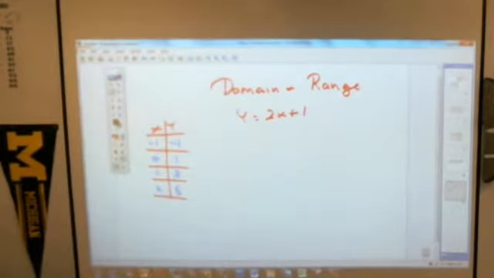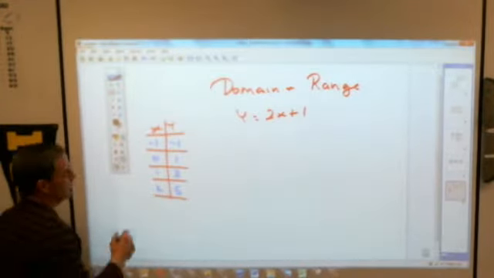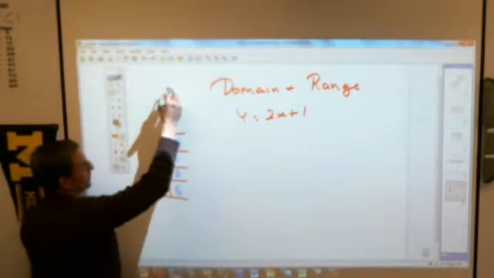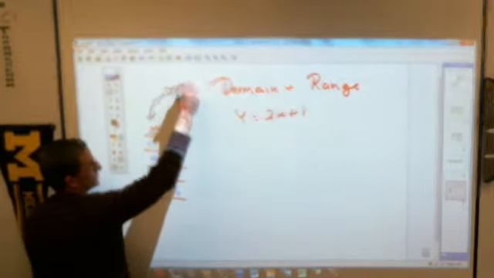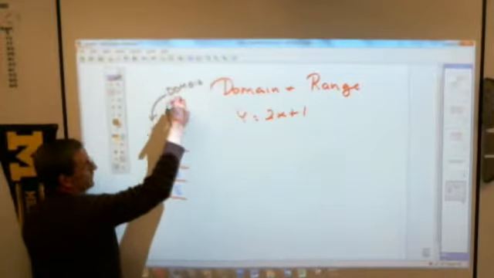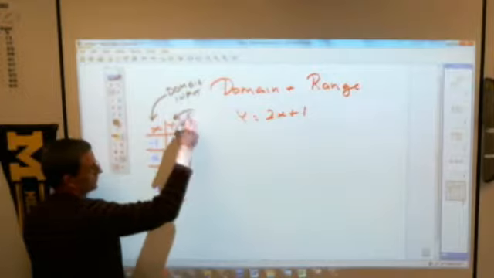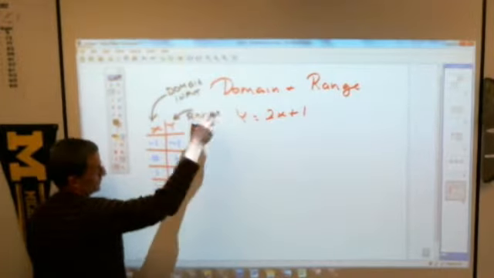If you remember back in the day, when we talked about these sort of function things, we said that the x values were also called the domain numbers. They were the input numbers. And the y values were the ones that we called the range numbers.